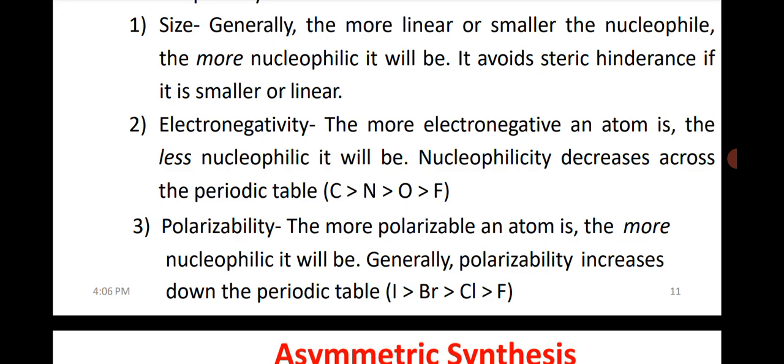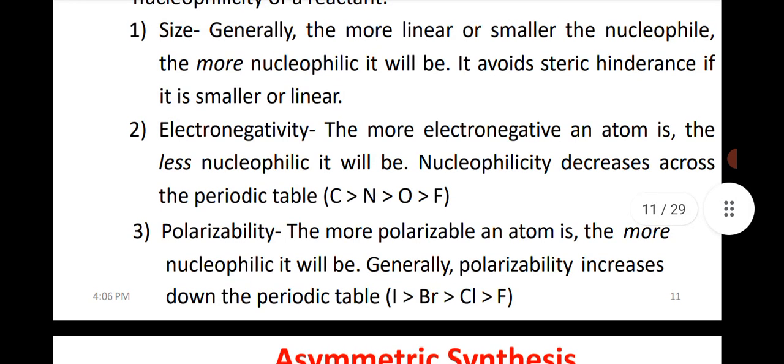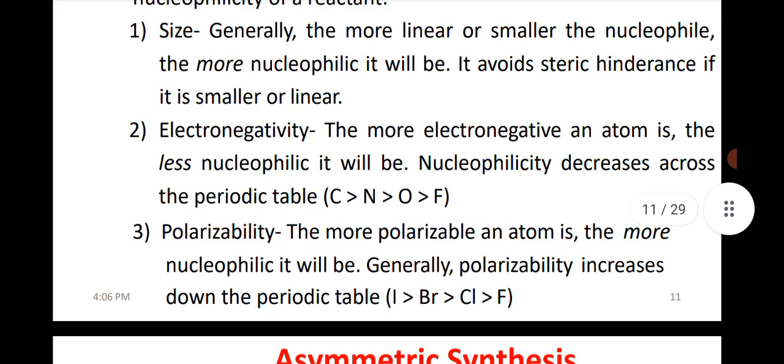If an atom is more electronegative, it means it is more willing for an electron as compared to a nucleus. A nucleophile is nucleus loving. If an atom is more electronegative, it will attract the electrons toward itself.